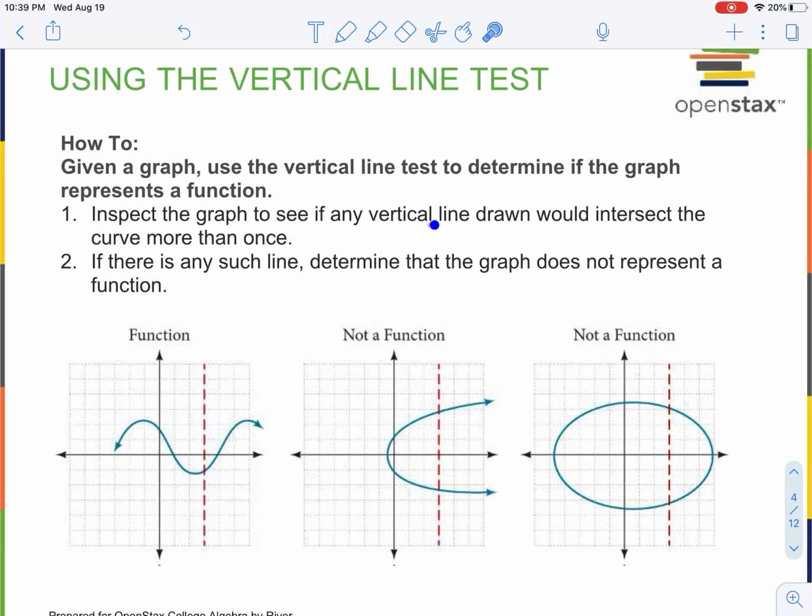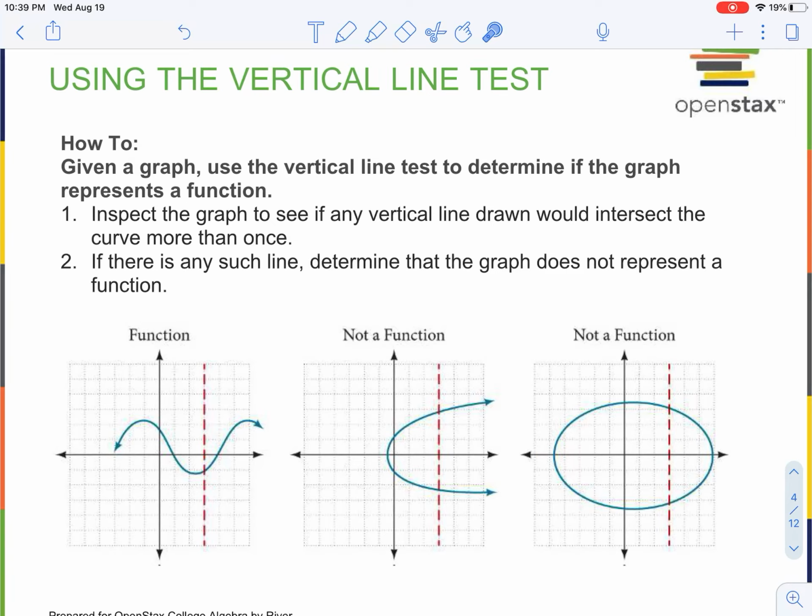To do this, inspect the graph to see if any vertical line drawn would intersect the curve more than once. Now we use the word curve, but it could mean a straight line. What that means is if you could draw a vertical line anywhere through your graph, and if it crosses the graph in more than one spot, then it is not a function.